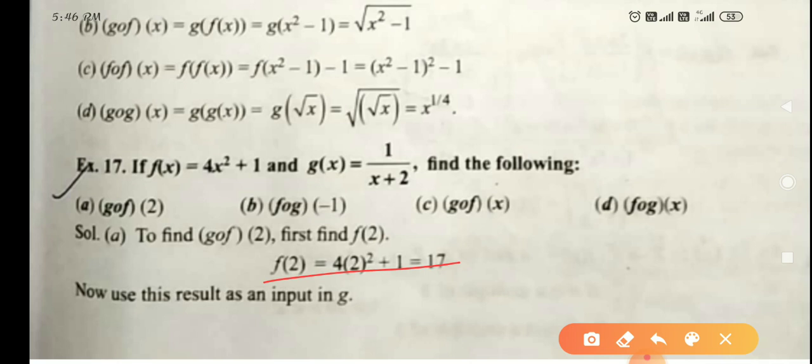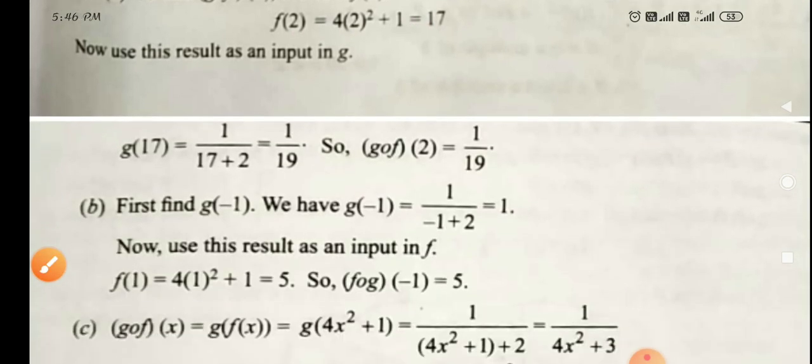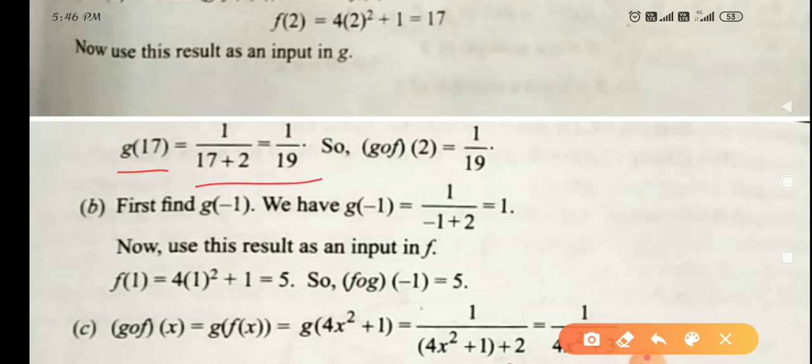So f(2) is coming 17, and then you can find g(17). In function g, you can put in place of x 17, so you will find 1 upon 19. So gof 2 will come 1 upon 19.